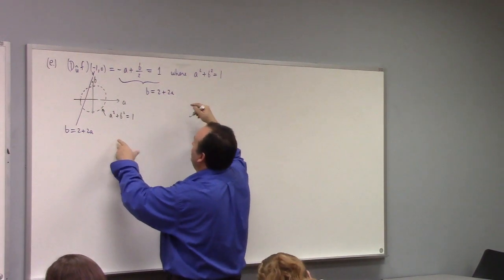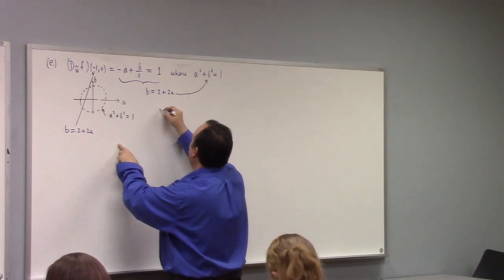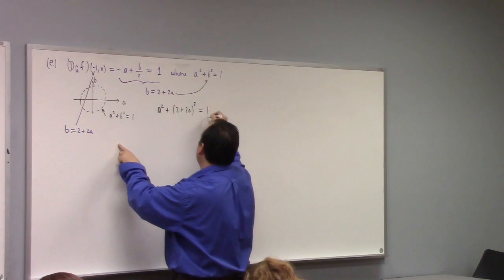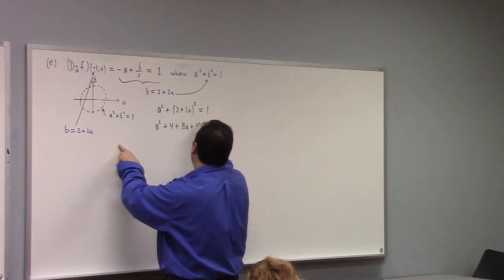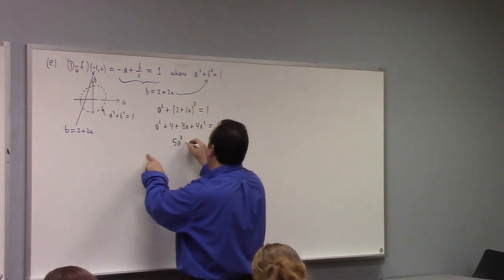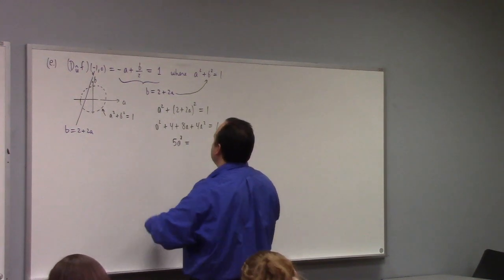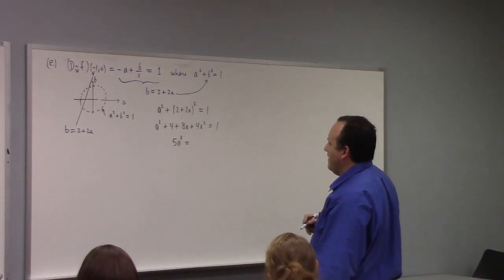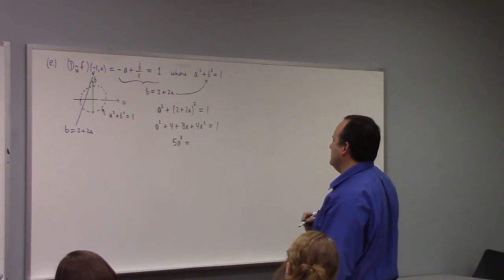Okay, so then, fine, how do you actually solve this? Well, just plug this up into here, right? And we get a squared plus parentheses 2 plus 2a squared equals 1, also known as a squared plus 4 plus 8a plus 4a squared equals 1, which is 5a squared equals, uh-oh.